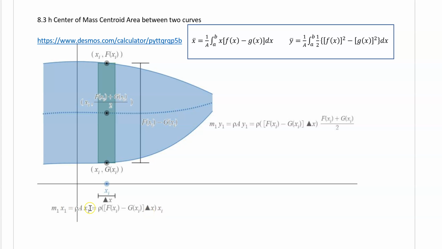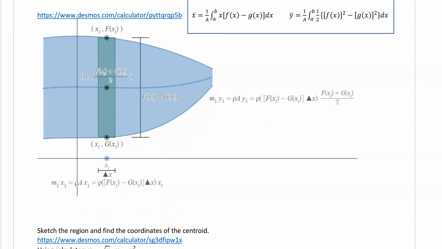And then again, we're just multiplying it by our x sub i. So there we go. And so the rho is going to cancel. And so what we're getting here for our moment of x, just like before, is integral from a to b, but now it's f of x minus g of x dx, and we put the x in front, like that. Now, our f of x is the top function.